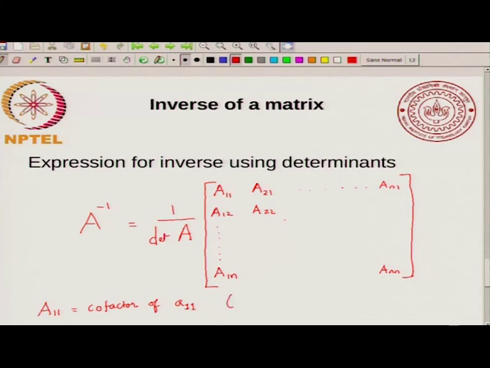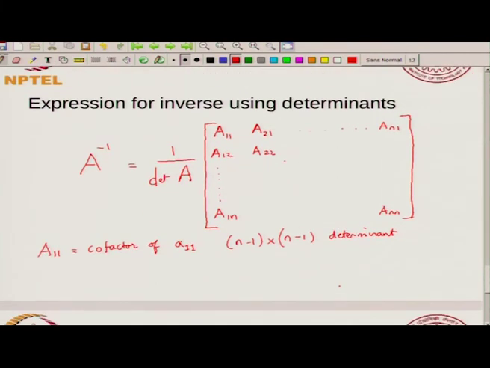What I mean is it's the determinant of a matrix of size n minus 1 times n minus 1. Once again let me remind you what the cofactor is.